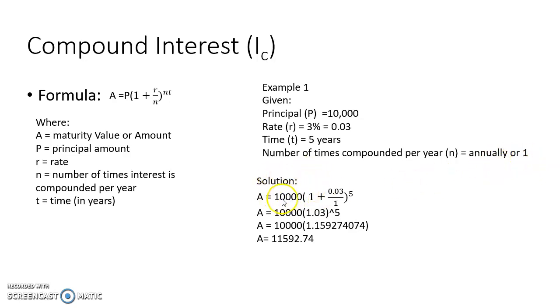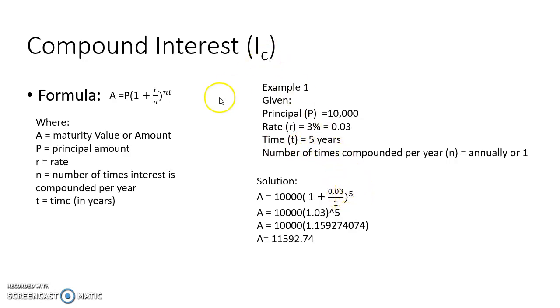So for our solution, we plug in the value of P, which is 10,000 times the quantity 1 plus our rate is 0.03 over N, since it is annually, so it's 1. Then we have time is 5.